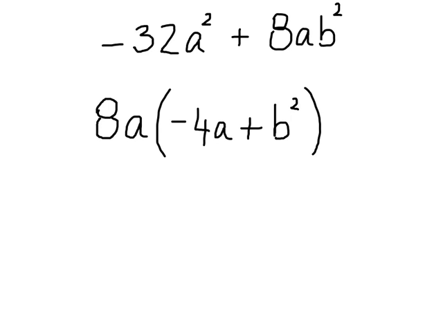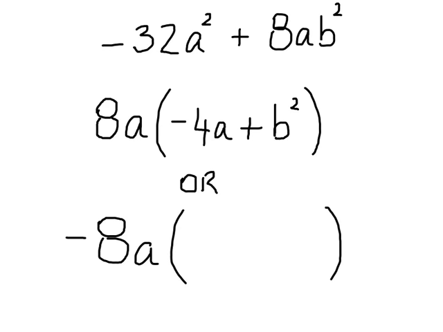Now, there is a slightly alternative way we could have done this. Because we're at negative 32 and a positive 8, instead of having our highest common factor of 8a, we could have made it negative 8a, and then just identified what we need to divide by.